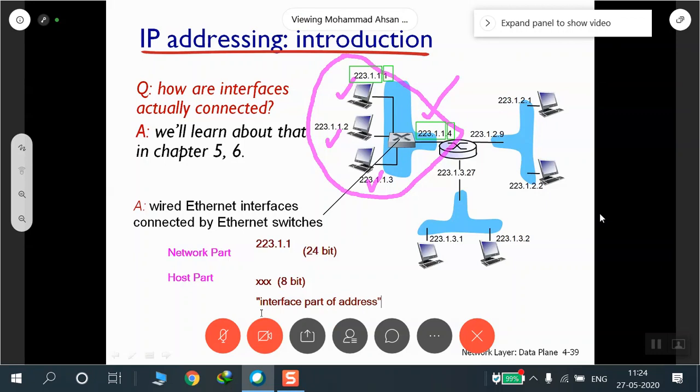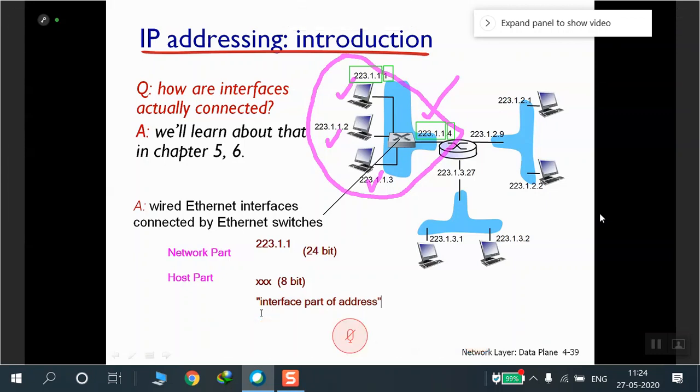So the network address here, in other words, is 223.1.1.0. I'll write it somewhere here.